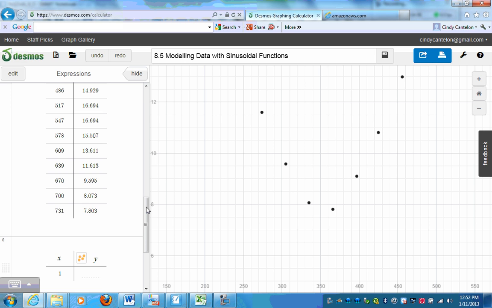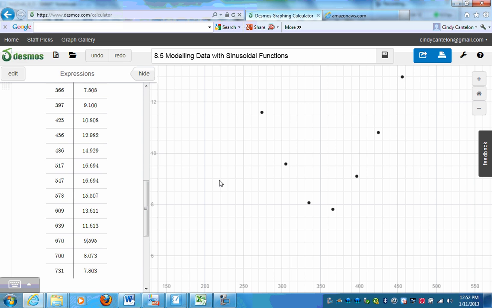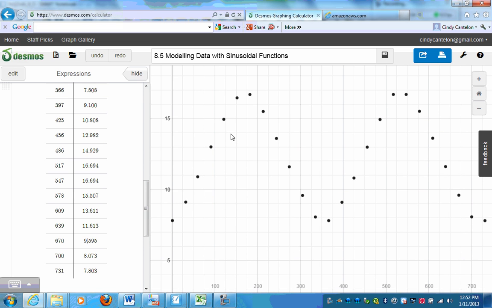So that's called interpolating. The other thing I could do is make up a sine function that models this data. And I think that's what I'm going to try and do. When I look here, my amplitude, it looks like it goes from about 8 to 16.